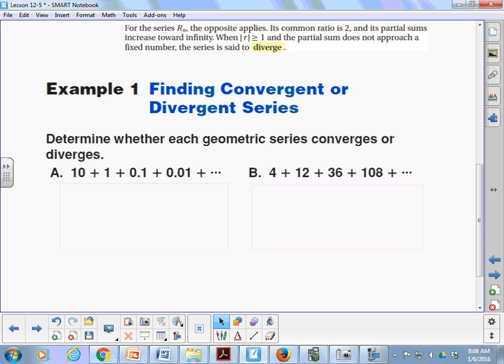So, is that value of r less than 1 or greater than 1? Less than 1. So that means that it's going to converge. So remember, to find out what the value of r is, we just take one term and divide by the one next to it. Doesn't matter which ones you use. Any two work.